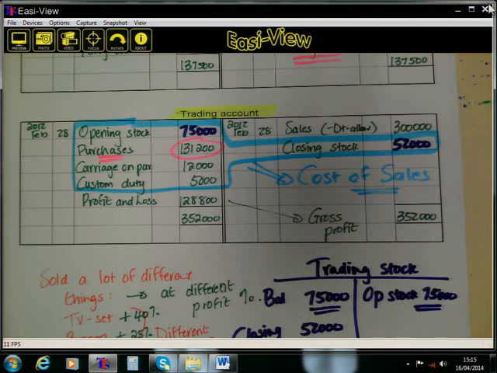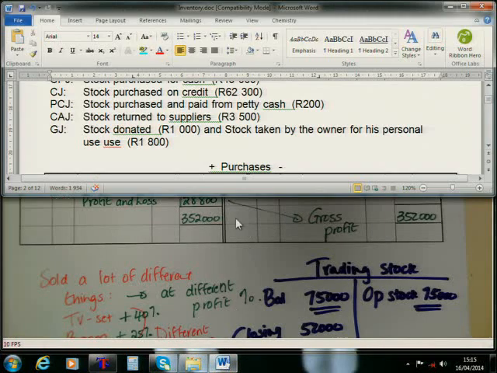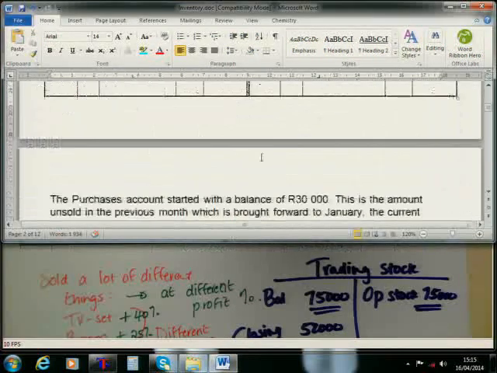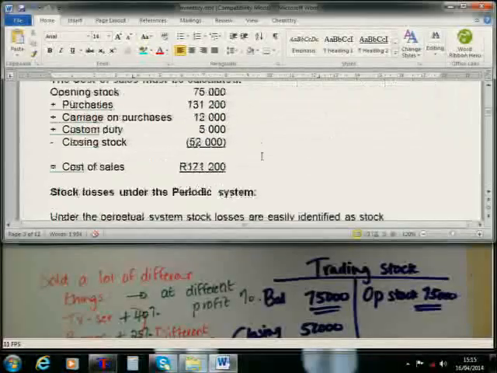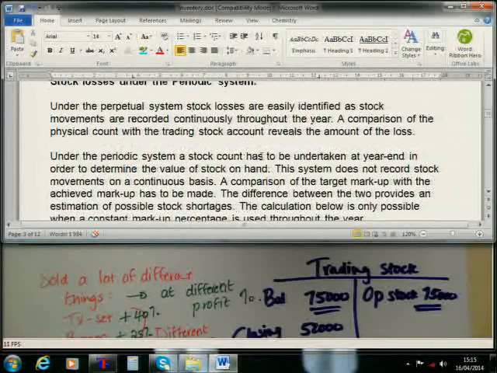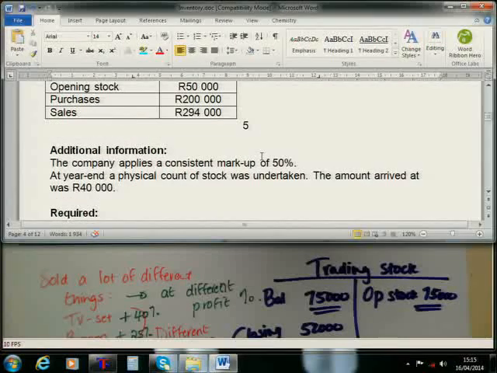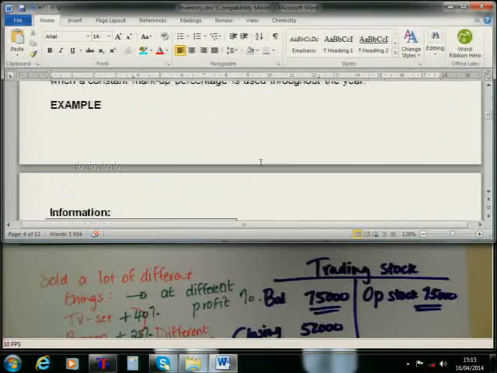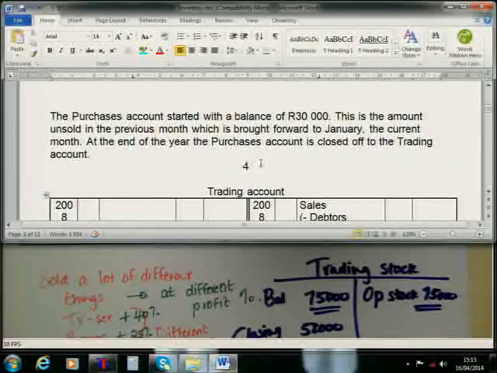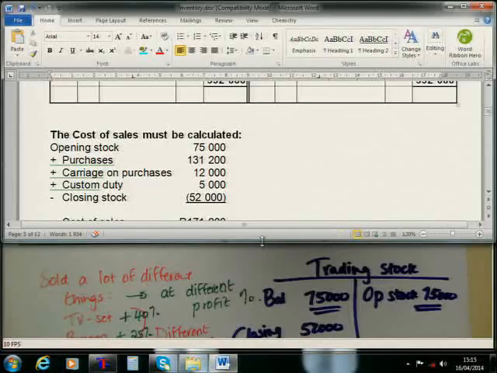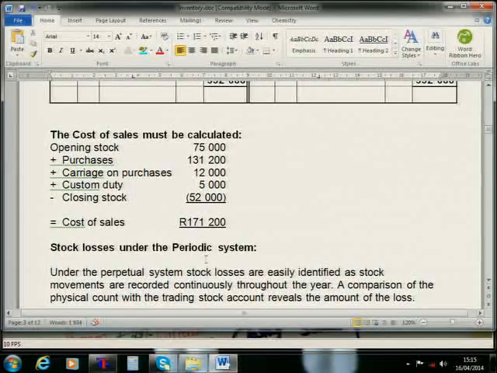That's enough on the stock, the two different systems, the perpetual and the periodic system, and I hope that you understand that. Now we can start with the stock valuation methods.